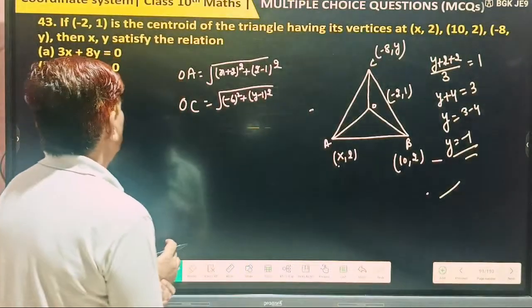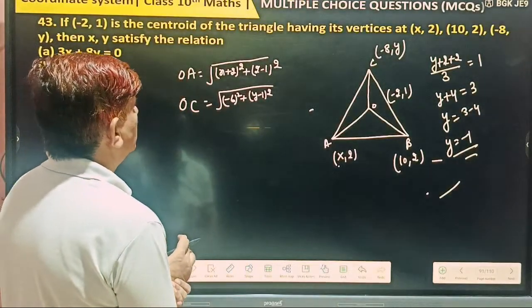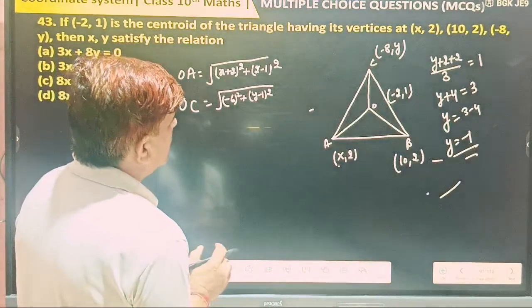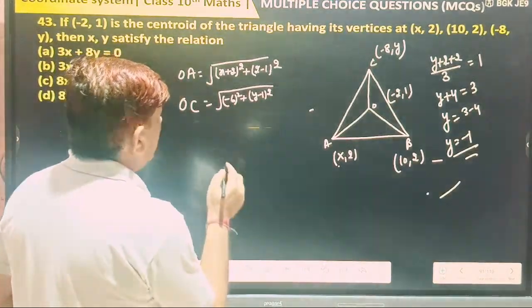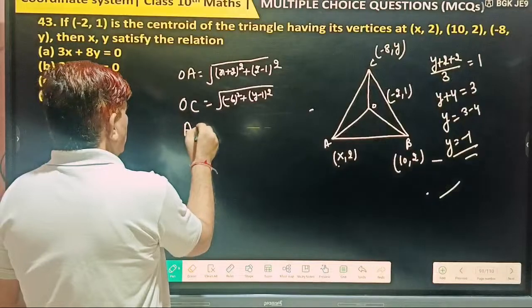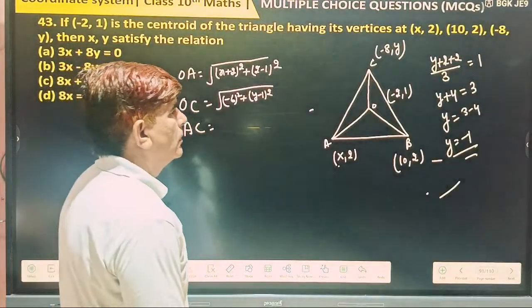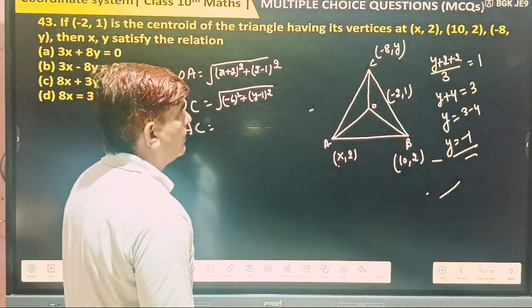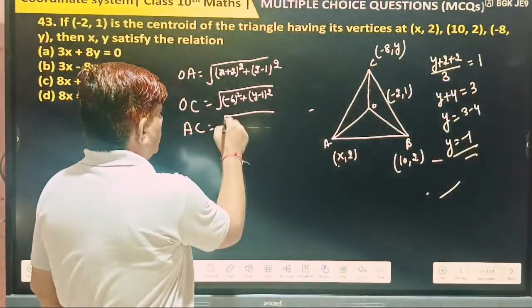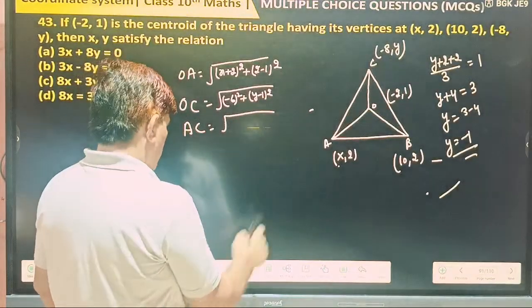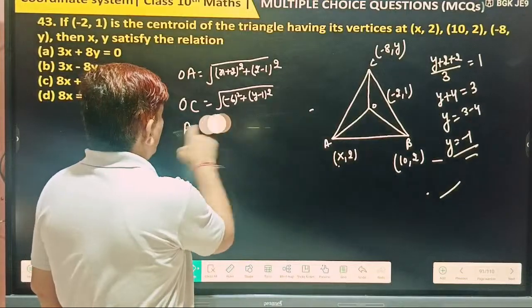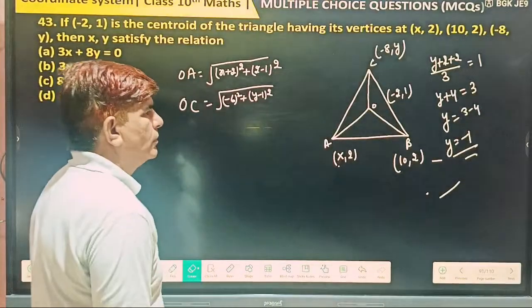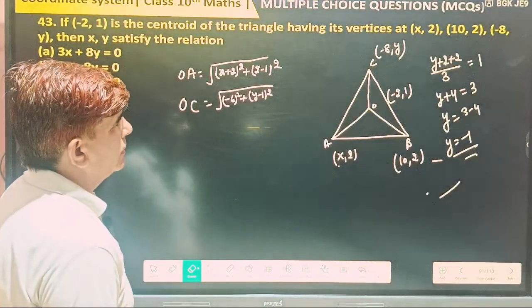So both are equal. Then we can find out what AC is also. What's your AC? AC meaning under the root. This is not finding, so we will find this.